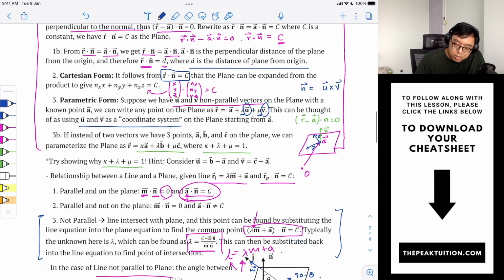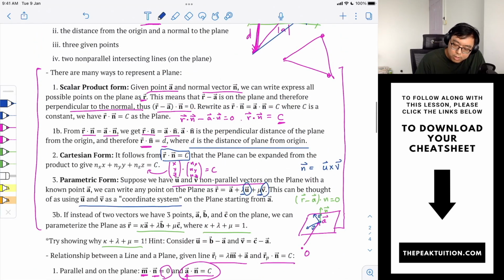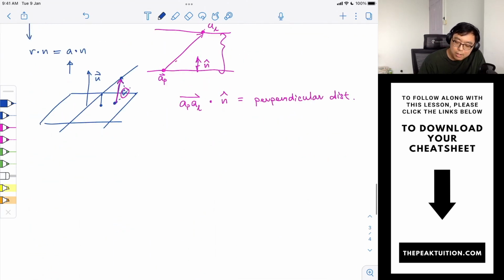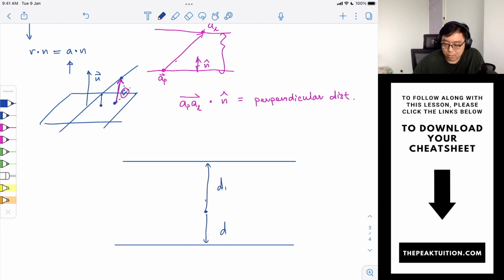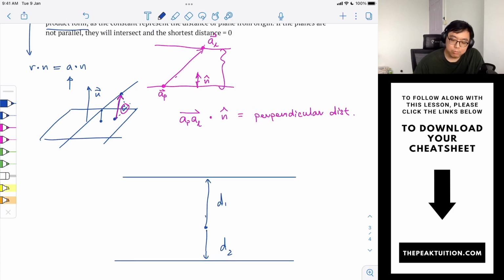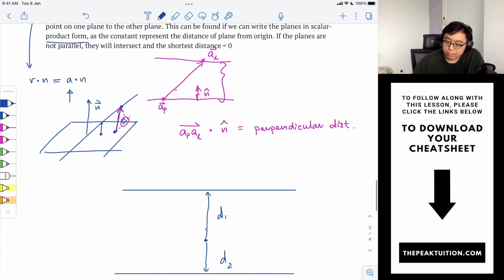Recall that when we write it in the scalar product form, d is the distance of the plane from the origin. If they're parallel, they'll look like this, with the origin here, and these are the two planes, side view. This is d for the first plane, this is d for the second plane, d1, d2. Then the distance between the two planes is just d1 plus d2. So it's quite straightforward.